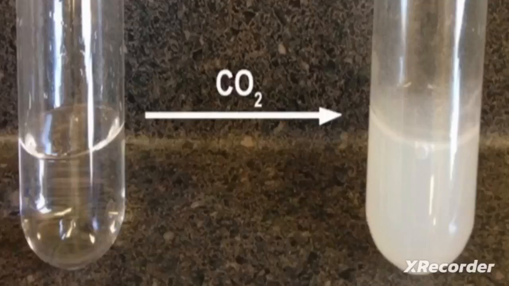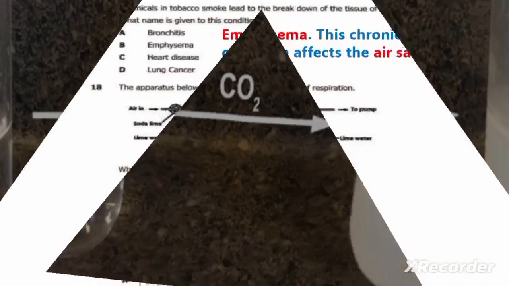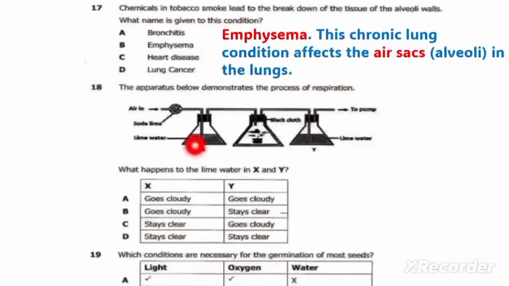So carbon dioxide is capable of turning lime water milky. Since the air passing through the lime water in flask X has no carbon dioxide, the lime water will remain the same. Nothing will change.